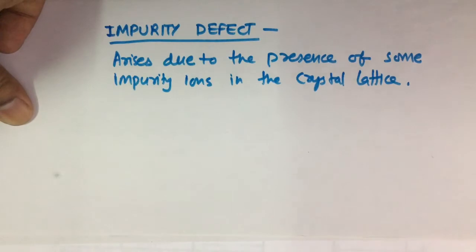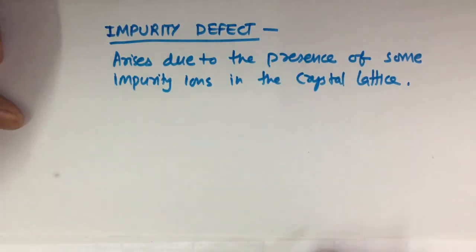Now suppose molten sodium chloride containing a little amount of strontium chloride is allowed to crystallize. Now some of the sites of Na+ ions are occupied by strontium ions. Let's have a look.